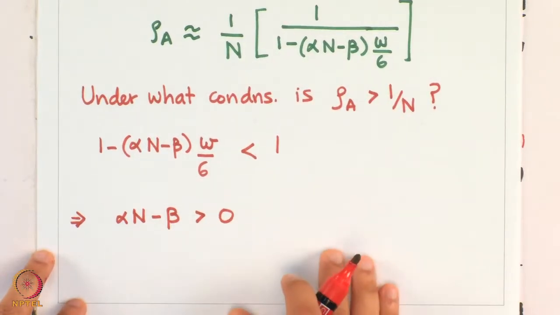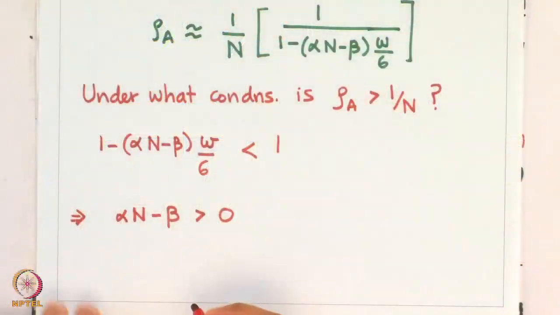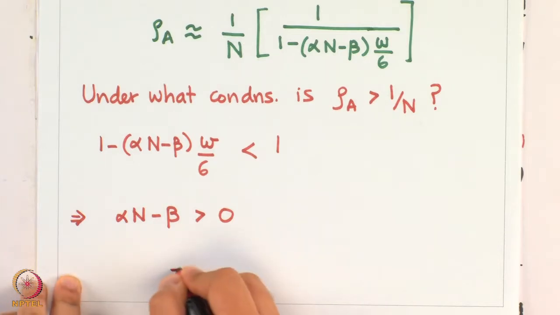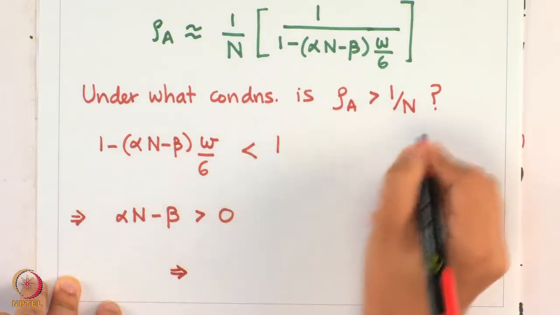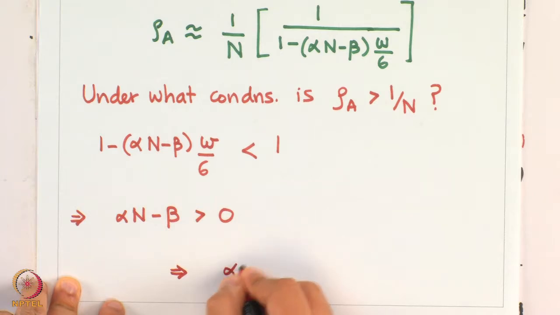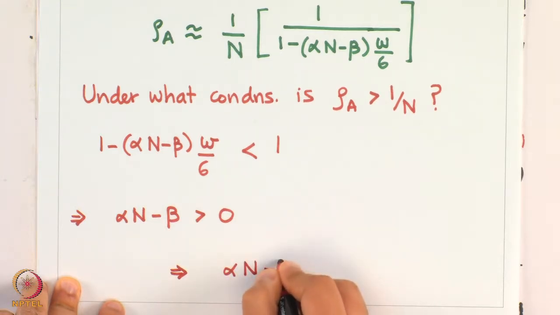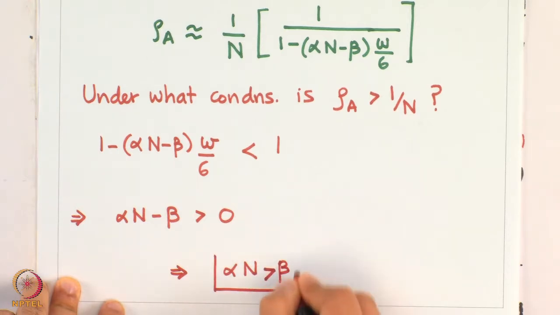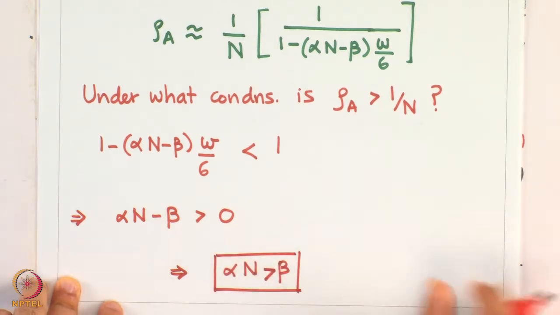So we have to find out the conditions under which this quantity holds. If I substitute for alpha and beta, this just implies that rho A is more than 1 by n when alpha n is greater than beta. That is the condition that I have to work under.